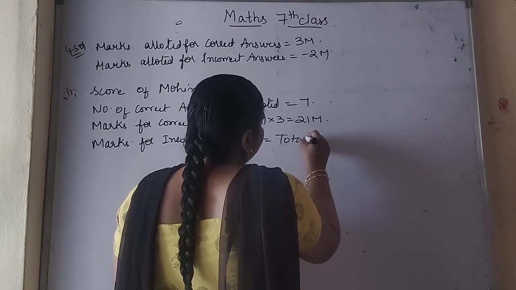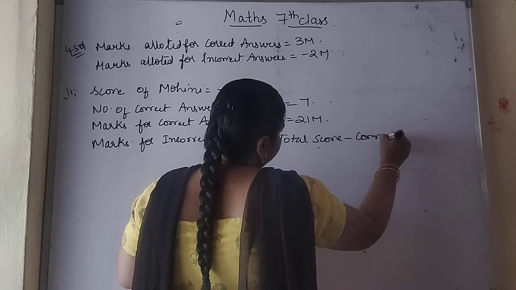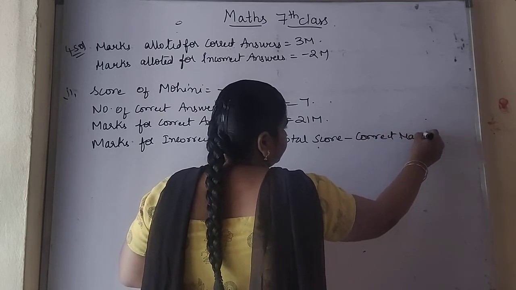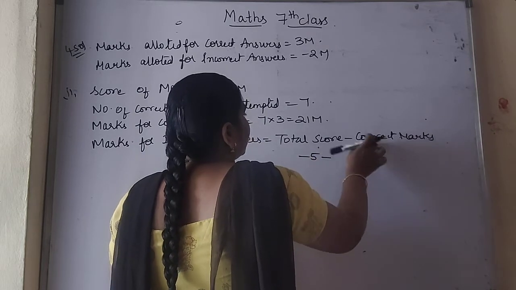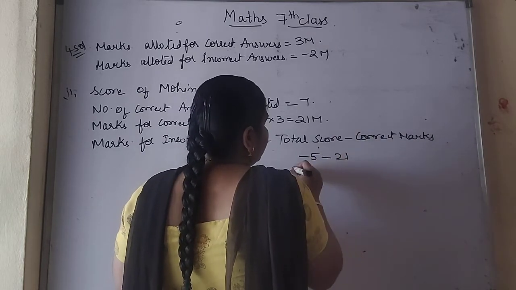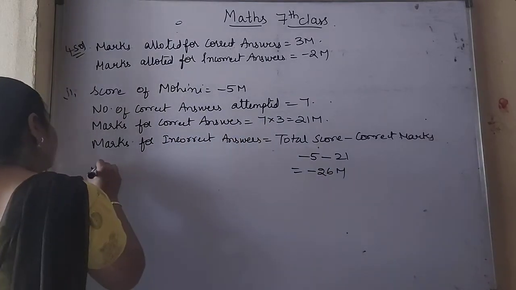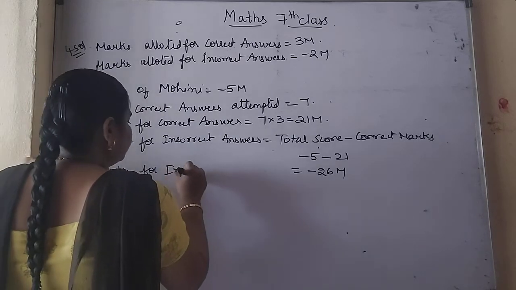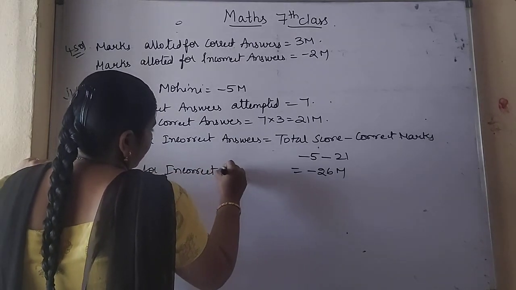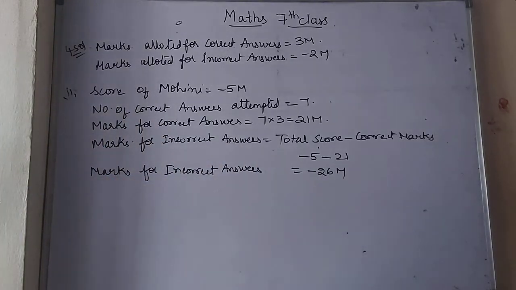So total score minus correct marks. Total score is minus 5, minus correct marks 21. So that will be equal to minus 26 marks. So marks for incorrect answers is minus 26 marks.